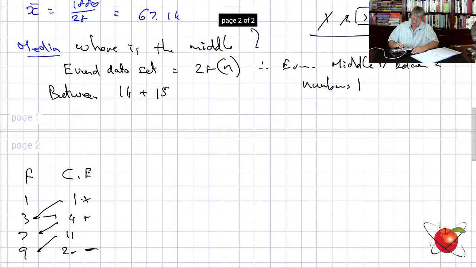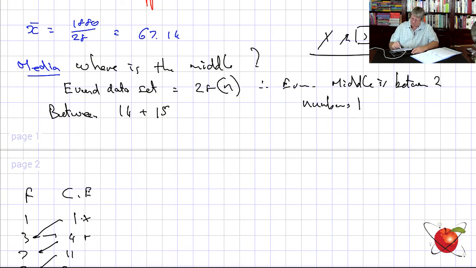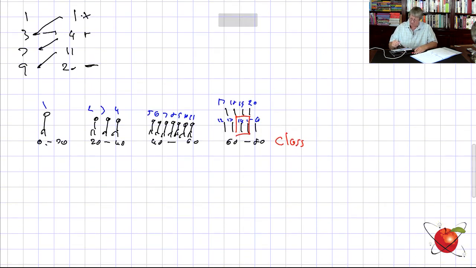So in order to answer this, we say the median class interval. Where is the median? It's in the class interval 60 to 80. That is where those people were holding up their flags.